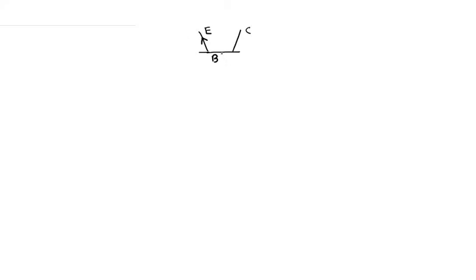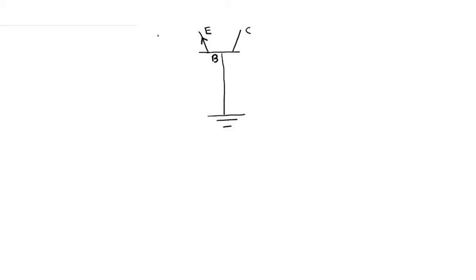And this base is basically grounded, and this base is basically common to both emitter and collector. So the base is actually connected to the emitter by a voltage and a resistor, and the base is also connected to the collector by a voltage source and a resistor.